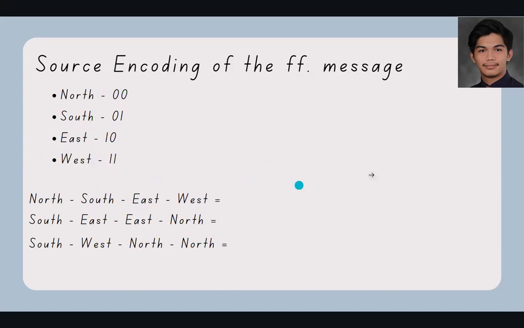So the result will be like this, where 00 is north, 01 is south, 10 is east, and 11 is west. The same goes with the other message set, where southeast is like this, and southwest north is like this.